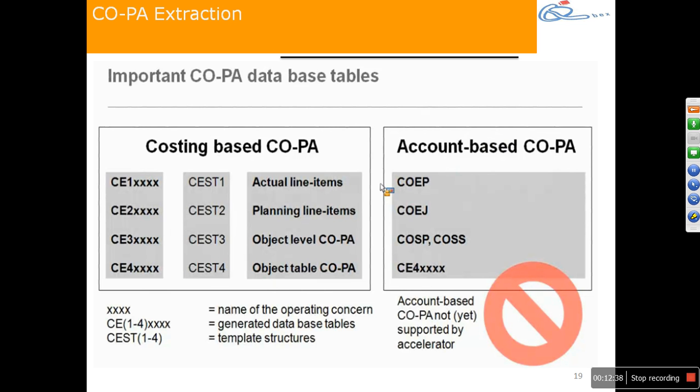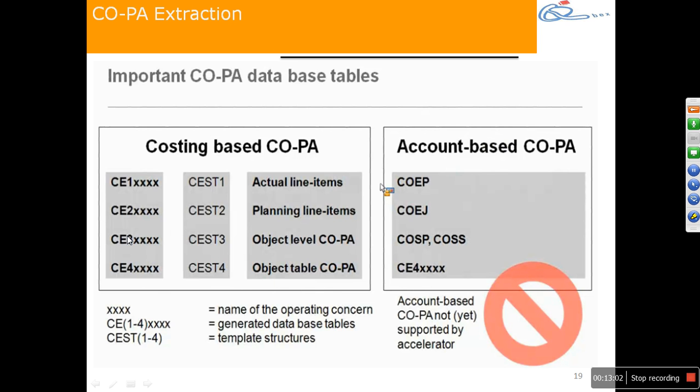In ECC, the COPA model can also be leveraged for planning. So in COPA you will have actual data as well as planned data, both. So when I am extracting COPA data, are you extracting plan or actual or both? Both. Generally they do reporting on what was my actual value, plan value.